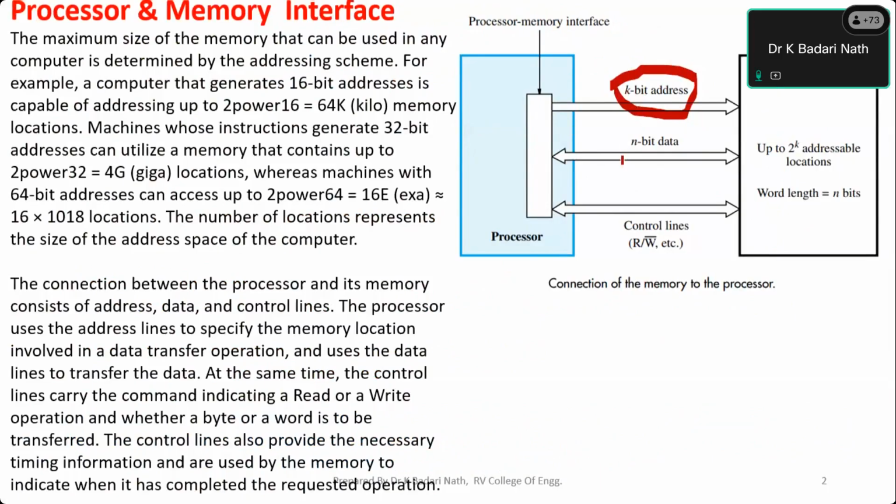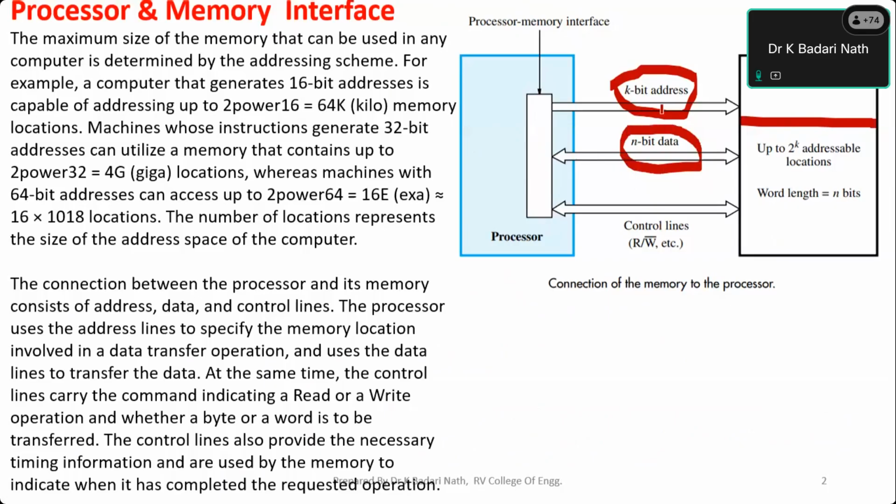Next, as soon as the particular address is selected, the data present at that location can be read through the data bus, or if the data is present in the processor, I can write into that location from the data bus. The size of the data bus, let's say n bits, means the word length of the processor is n bits. If it is 32 bits, we call it a 32-bit processor.